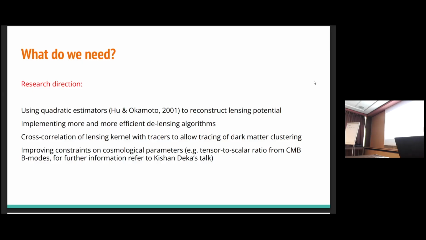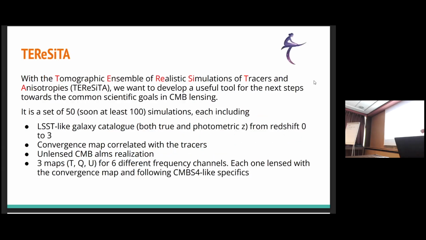All of this aims to improve the constraints on cosmological parameters, especially, as I said, with the B mode power spectrum, from which we can get very important information on the tensor to scalar ratio. For further information on this, please refer to Kish and Deka's talk in a couple of days.